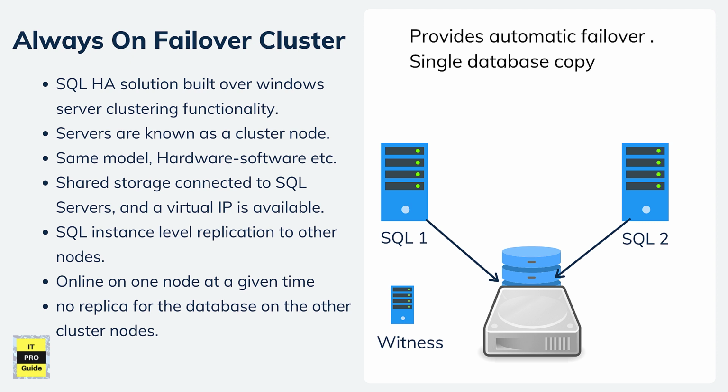At that time you have to go to the application and change the connection string, because the connection string was pointing to the first server. So you have to change the server name in the connection string and point to the second one. So there is downtime in the server, then you have to go to the application and change it. If these are all acceptable, then you can go with log shipping as a high availability option.